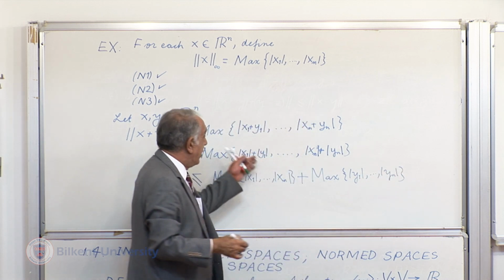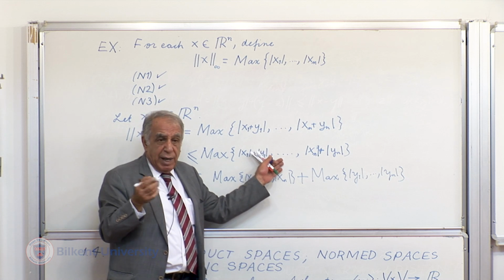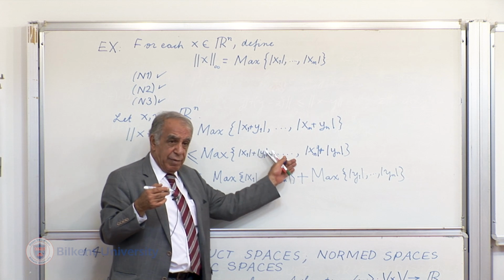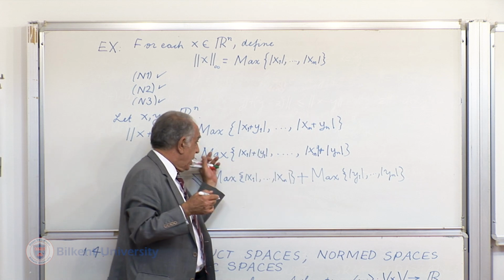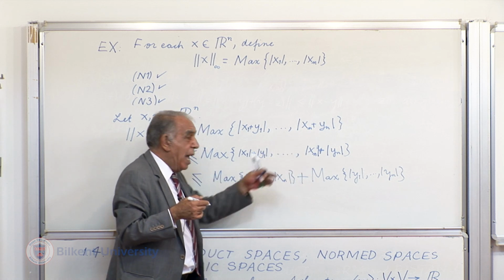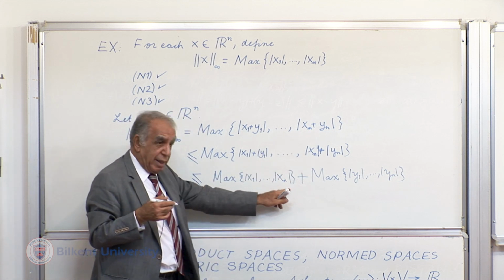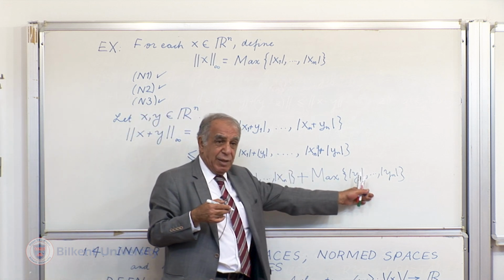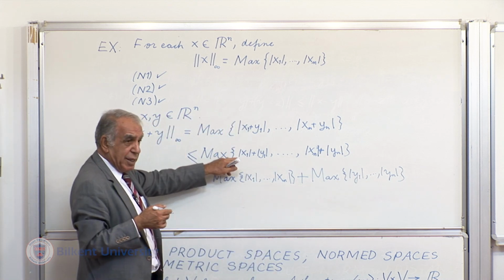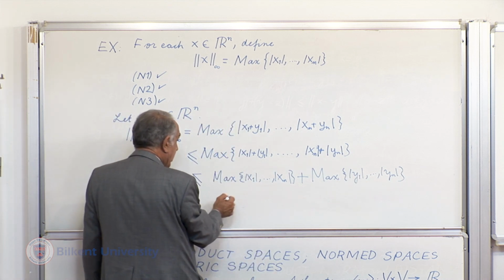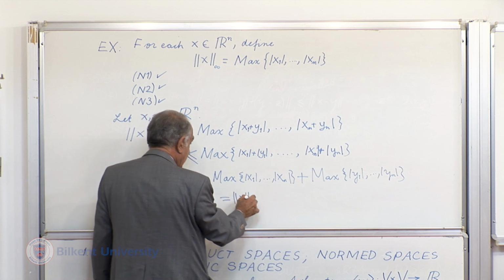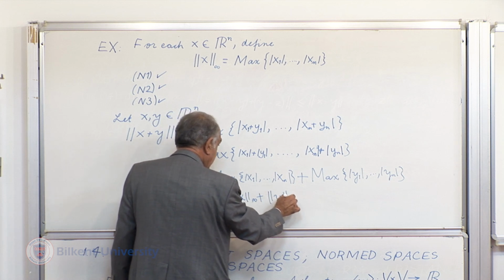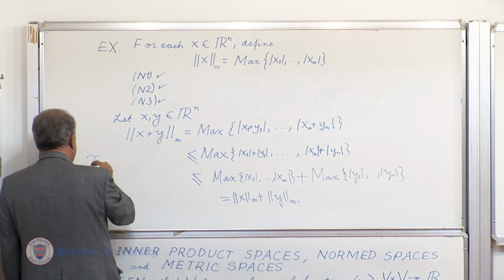Now the maximum of this will be, for some i say, the absolute value of xi plus the absolute value of yi, this maximum. But the absolute value of xi will be less than or equal to this. And the absolute value of yi will be less than or equal to this. So this will be larger than or equal to this. So this will be the norm of x infinity plus the norm of y infinity.